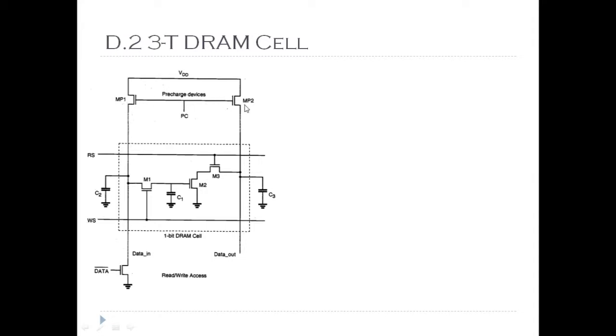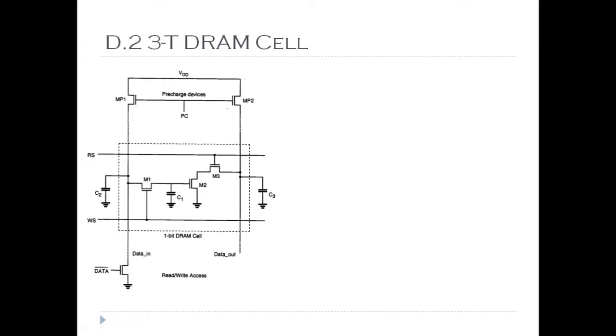Two NMOS transistors are used for precharging, and they are activated by using a precharge signal. Such columns have a number of cells connected between them. So the total capacitance of the columns, this data in column and data out column, is very high, and it is represented with C2 and C3 respectively.